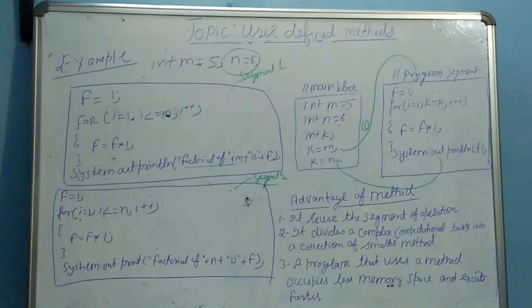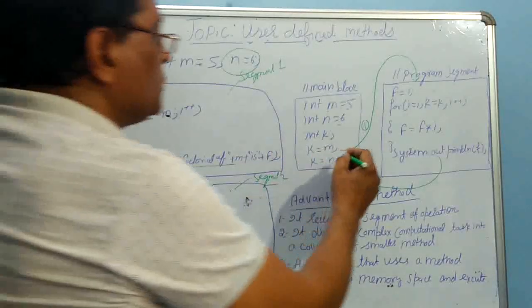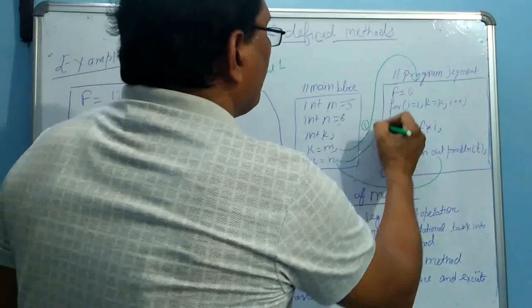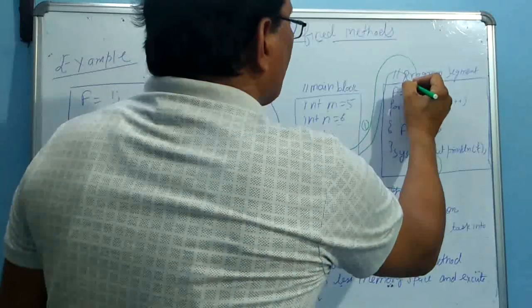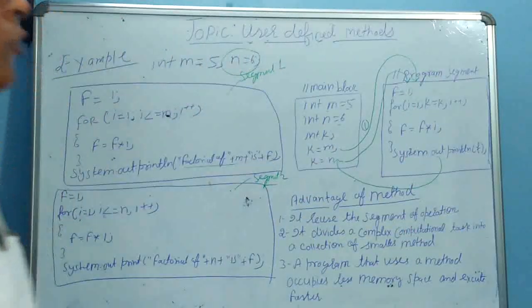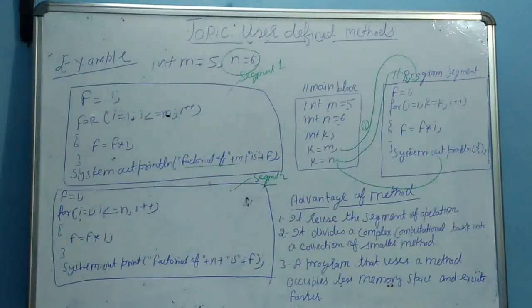Then this value of k will be moved to the program segment block.